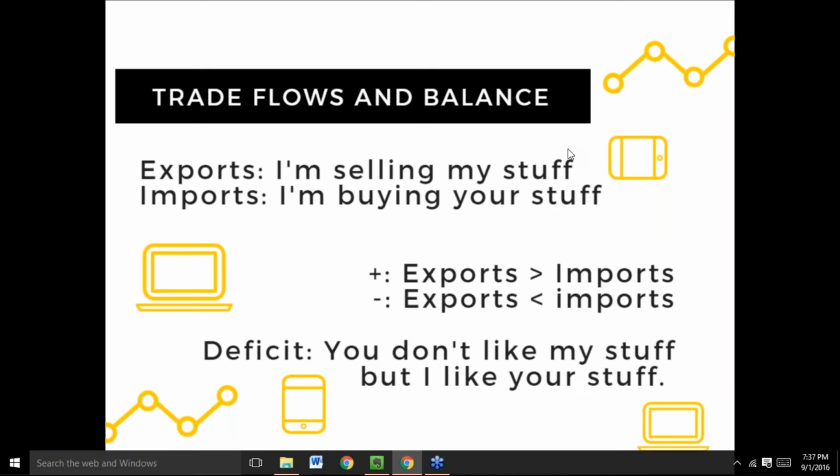Okay, cool. So, if you know the trade flow and balance of a country, you'd know the demand for the particular currency. Now, if you know the demand for a particular currency, it would help you a lot in making your buying and selling decisions, right? Because would you buy a currency that's experiencing a trade deficit? I mean, why would you do that, right?